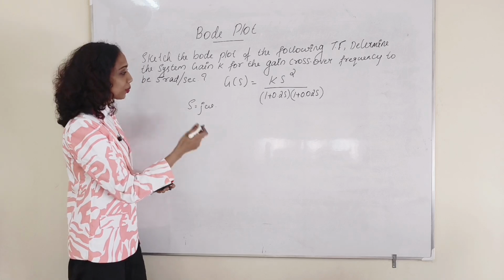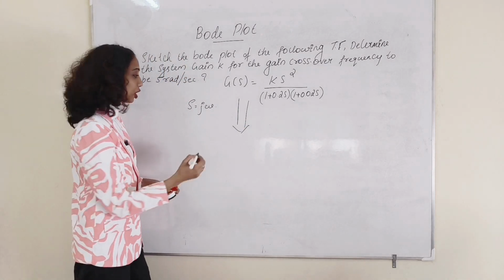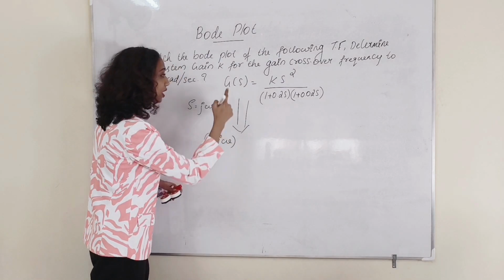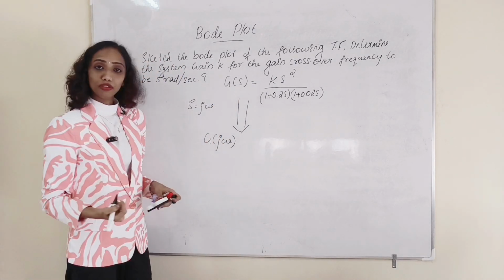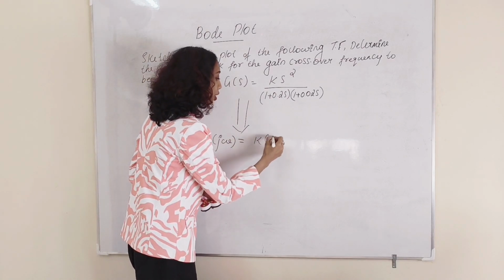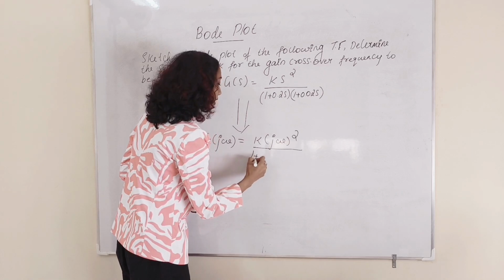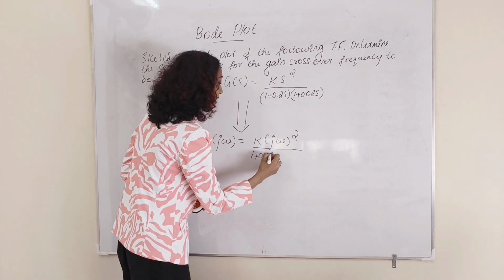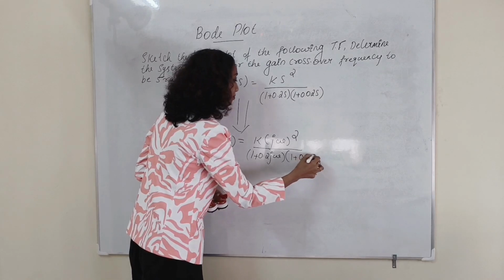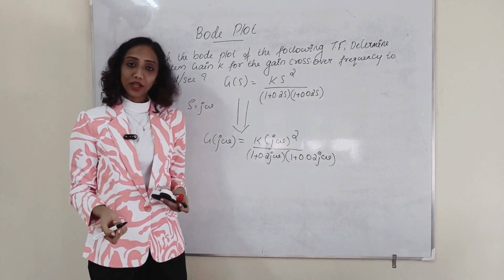For converting this open loop transfer function to the frequency domain, we have to substitute j omega in place of s. That is, G of j omega is equal to K into j omega the whole squared divided by 1 plus 0.2 j omega into 1 plus 0.02 j omega. Here we convert this system to the frequency domain.